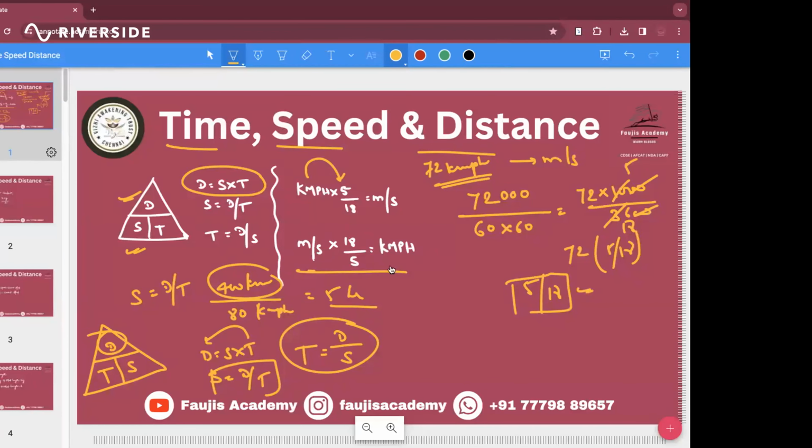Right, guys? Okay. So similarly, you have to change meter per second into kilometer per hour. Let's say you are given 10 meter per second. Just the opposite of this, just the reciprocal of this, 18 by 5. So 10 meter per second is basically 36 kmph, right?